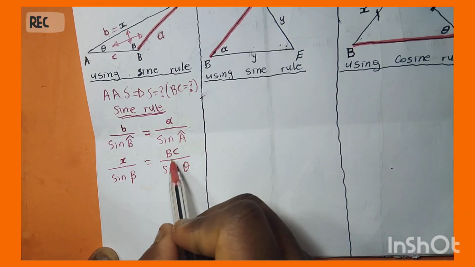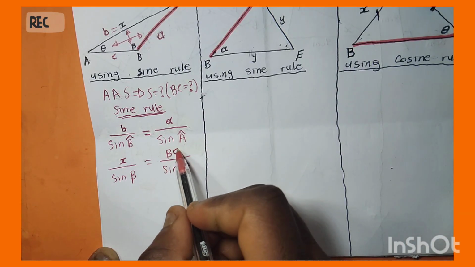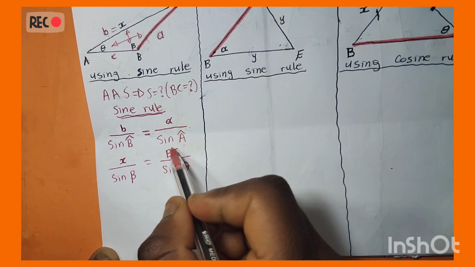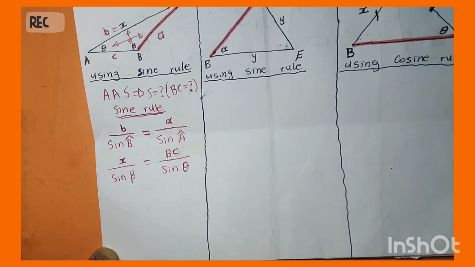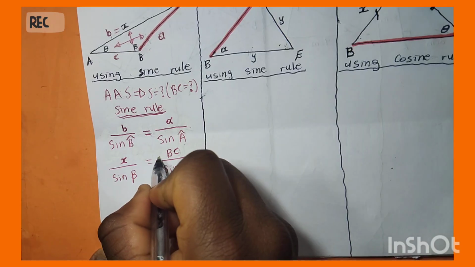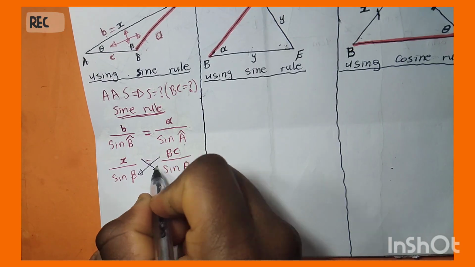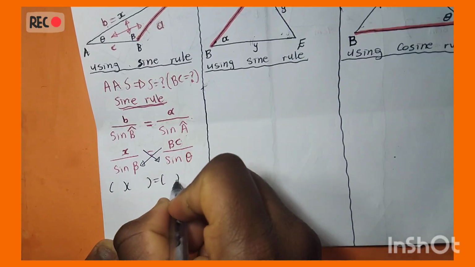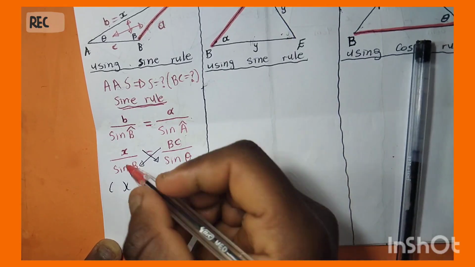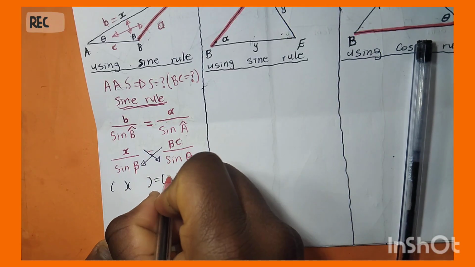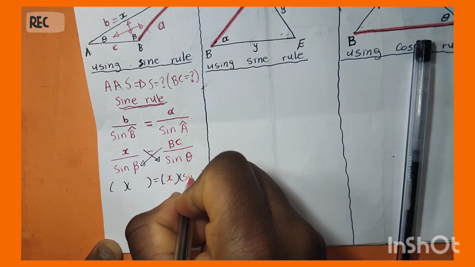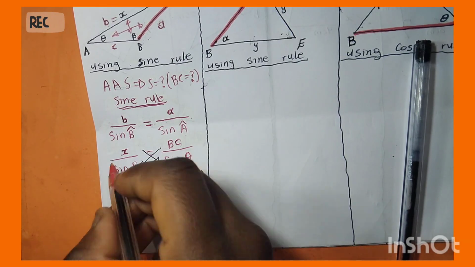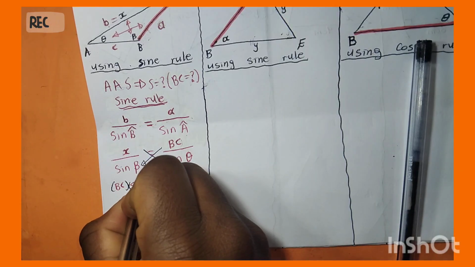So straightforward, guys, I have to make this thing the subject of the equation, meaning I have to make it alone, or solve for it. So to make that the subject of the equation, obviously you'll just cross multiply. This is still the same approach, but now you are only dealing with symbols, meaning no need to use a calculator, because you can't press those symbols on your calculator. So this thing is sine beta.